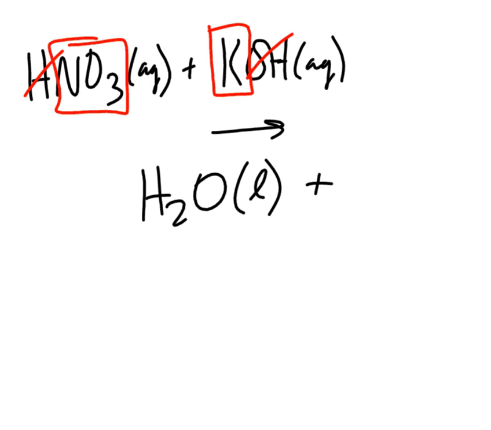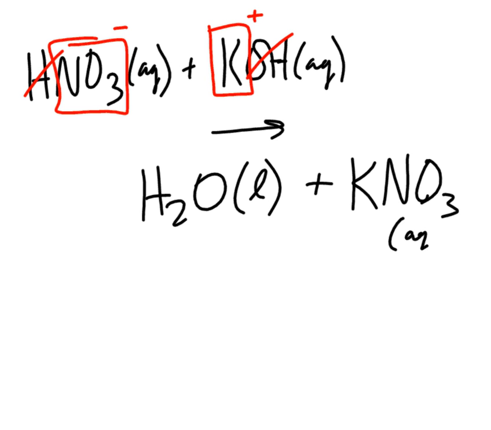Well, potassium is positively charged, nitrate is negatively charged. In fact, they're +1 and -1 respectively. So I can actually write it out as KNO3. And that would be aqueous because potassium nitrate is soluble.